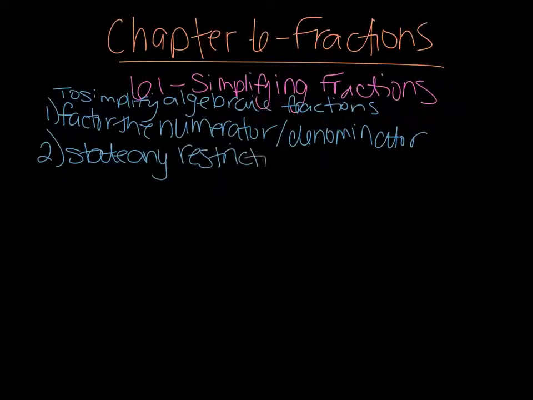And it's very important that you do it in this order, okay? If you don't factor it at first, if you maybe try to do the restrictions first, not necessarily wrong, but you must state any restrictions before going on to step 3, okay? Because step 3 is where you're going to actually simplify the fraction, and you're going to do this by canceling out any common factors.